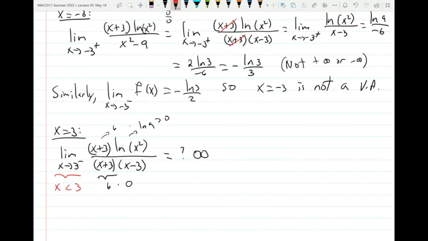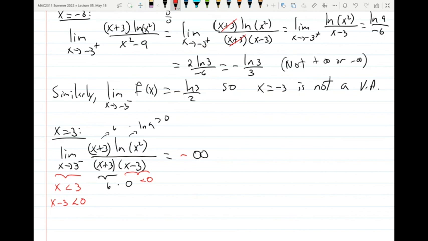So x is less than 3, which means x minus 3 is less than 0. So the 0 that we're getting here is negative. We have 6 times negative numbers, so this is negative in the bottom. Positive divided by negative is negative. So that's negative infinity.